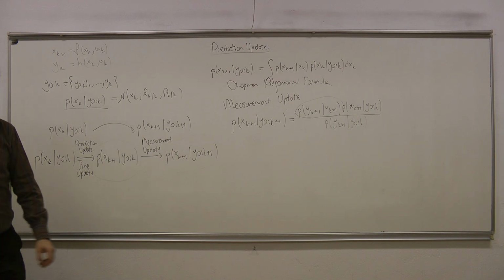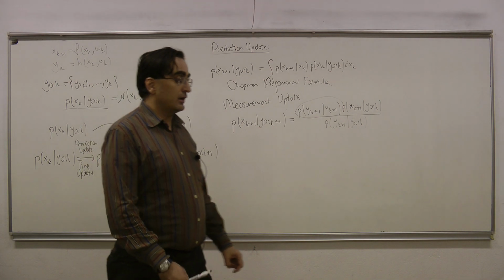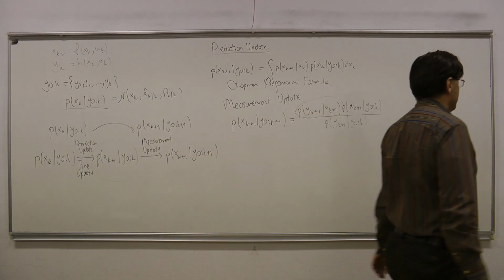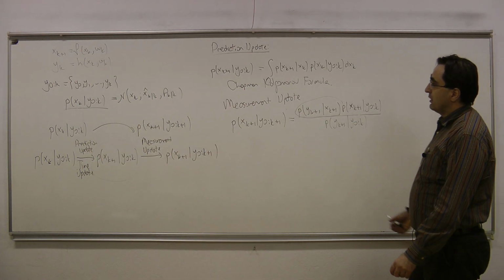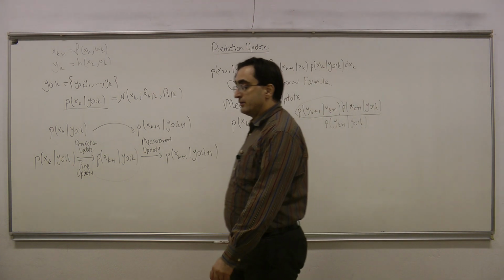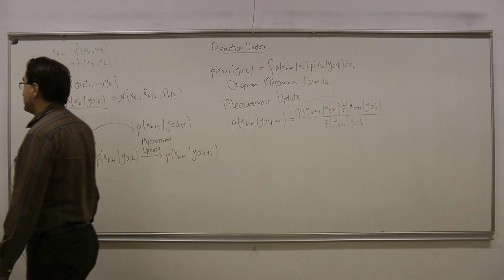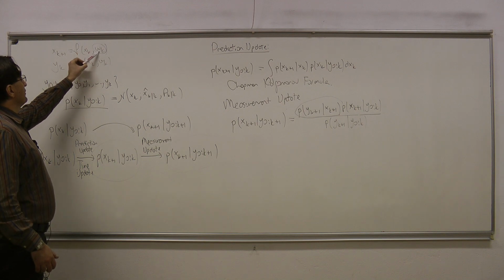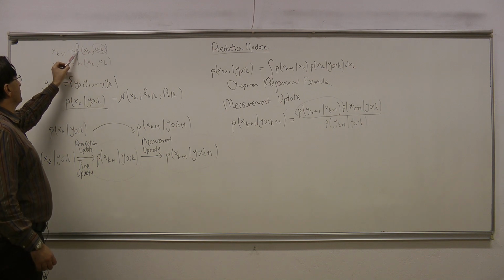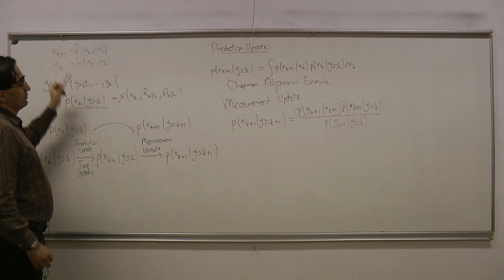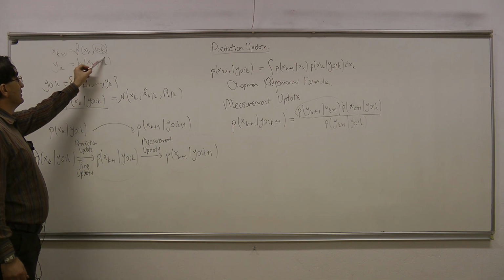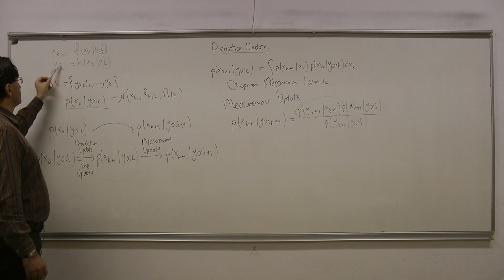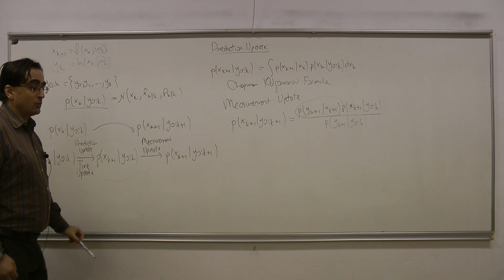And the final thing that I will remind you of in this lecture is going to be the transformation of random variables. So here we see that this noise is transformed with the function f into a state. Similarly, the measurement noise is transformed into y_k.